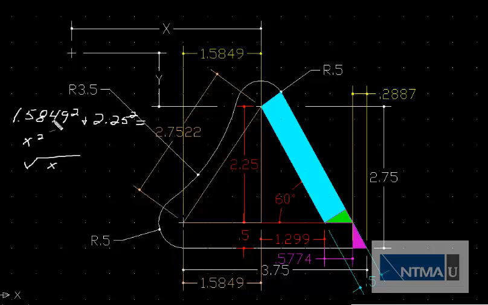Okay, so 1.589, hit this key right here, this square key. You should remember this, but just because it's been a while since we've done that, I'm just going to review it for you. And then just hit the plus key, and then 2.25, hit this key again. Then hit the equal sign, and then hit the square root key. You're going to come up with this distance here of 2 inches, 752 and 2/10.